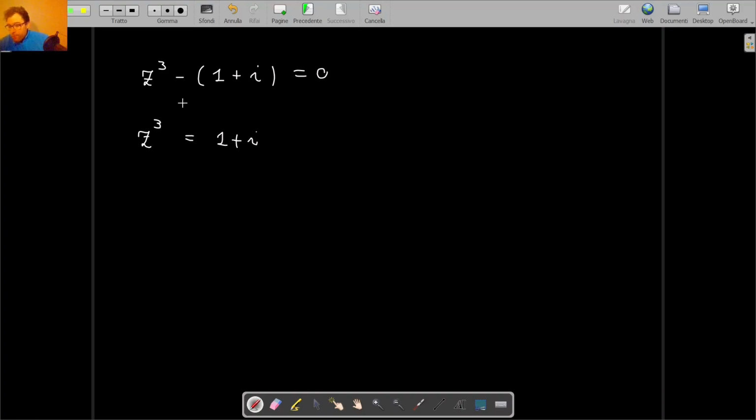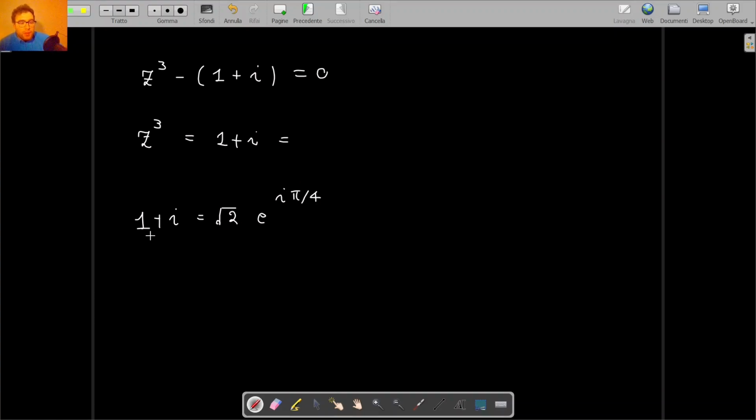Then we have to convert 1 plus i into its exponential form, because it will be easier to extract the root. We can write 1 plus i as square root of 2, which multiplies e raised to i pi over 4.